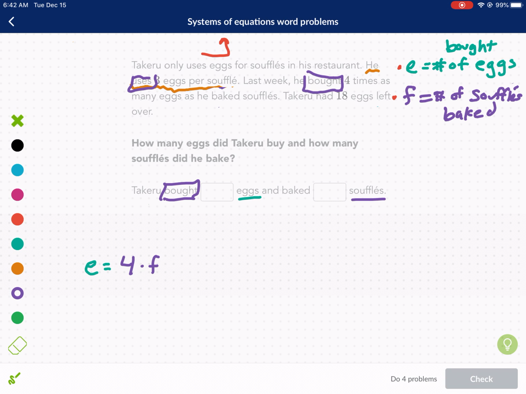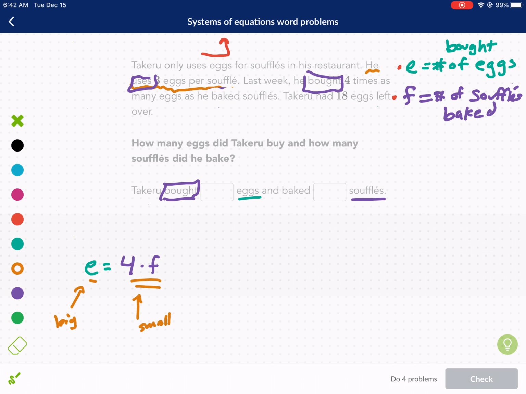Now, what's the temptation here? The temptation here is to write 4 times the number of eggs equals souffles. This is something even I do occasionally if I'm doing this quickly. You don't want to do this. This essentially means that the souffles will be 4 times as great as the eggs. You're like, well, I wrote 4 times E, so why is it that way? If you want something to be a bigger number, for variables in relation to each other, when you have the E on this side and then 4 times F on this side, this means that this is the bigger number and the one on the right is the smaller number.